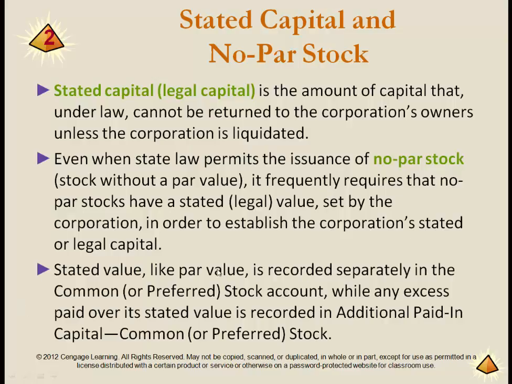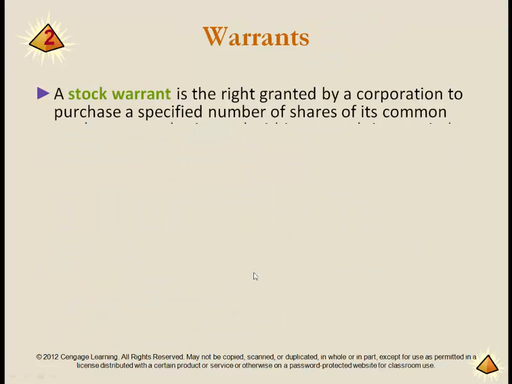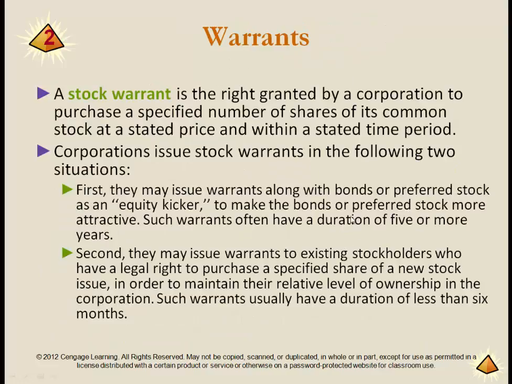And it tells you that this last thing is recorded exactly the same as what we talked about before, and it has the exact same character as par value and stated value. A stock warrant is granted by a corporation to purchase a specific number of shares of its common stock at a stated price within a time period. Why do they do this?